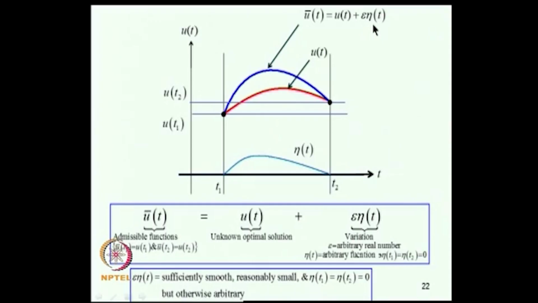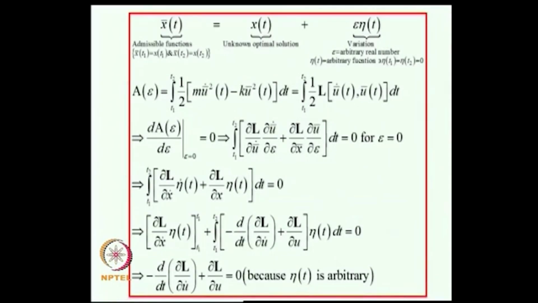Now, what we do is we write the action integral in terms of the admissible functions as shown here. So, this is the Lagrangian corresponding to the admissible functions u bar dot and u bar of t.